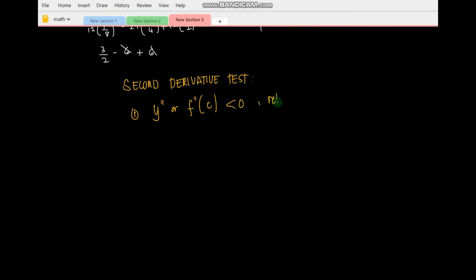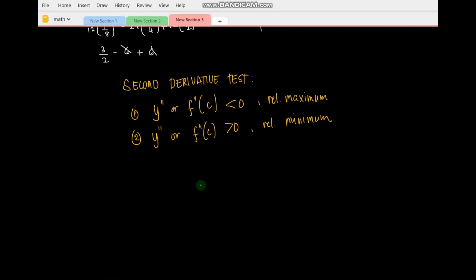Therefore, that is a relative maximum. Okay? Relative maximum. Pero naman, greater than 0 naman, that's a relative minimum. Ano kung equal to 0 siya? Hindi siya relative maximum. Hindi rin siya relative minimum.